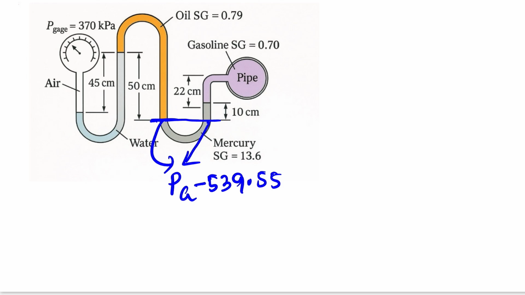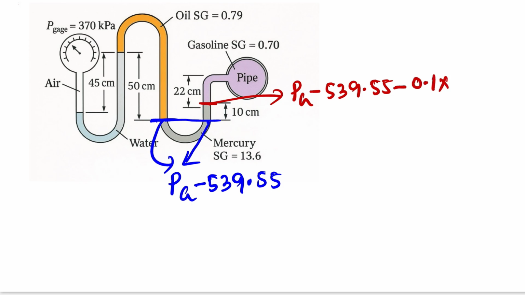Now again we have to calculate the pressure at this point, because the height difference is 10 centimeter. Here the pressure will be PG minus 539.55. Again if I go in the upward direction, the pressure will decrease, so minus 0.1.